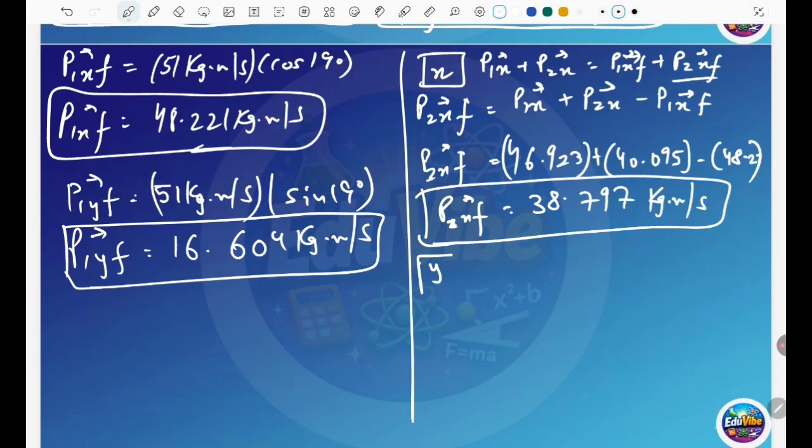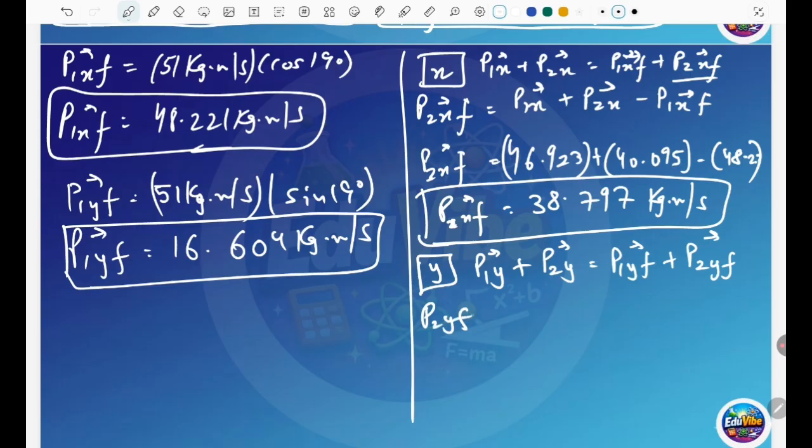Then we have to find the y component. For the y, we take the same things, so again we have to find P2y final. So this is P1y plus P2y minus P1y final.